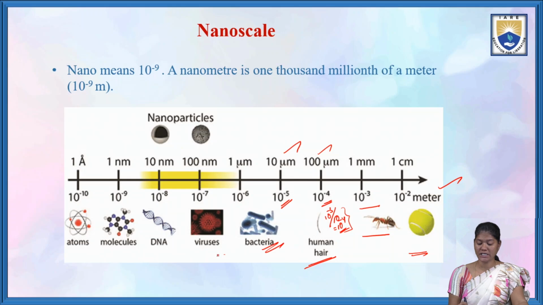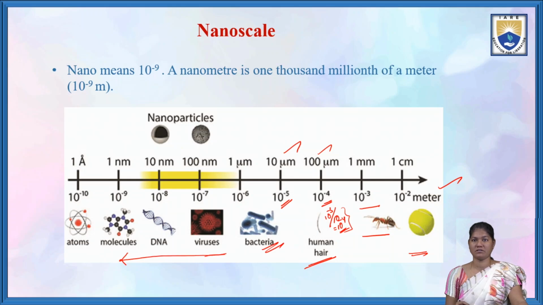Then, reducing the size by every division with 10 meters, the size of the bulk material becomes very small, that is, it comes to bacterial size.